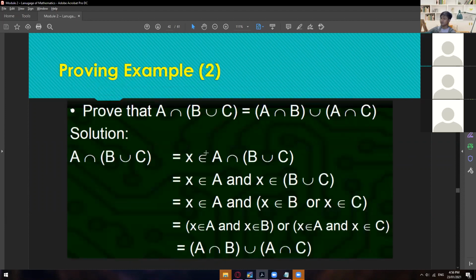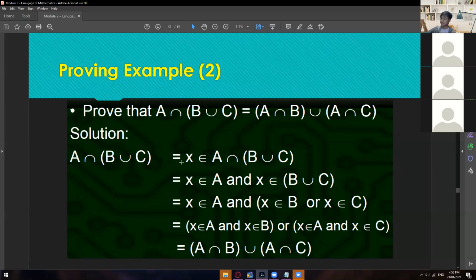So, a proving example, wherein we have to prove that this left side expression is equal with the right side expression. Okay. So here's the solution. Just copy whichever part you want to prove. In this part, we started with the left side expression, so we have to come up with the right side expression using it.